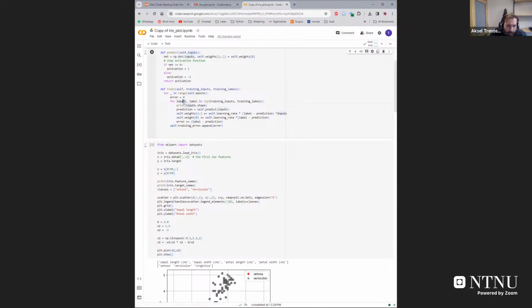Okay, so it just zips them together, and that's the shape. And then it is on this line.